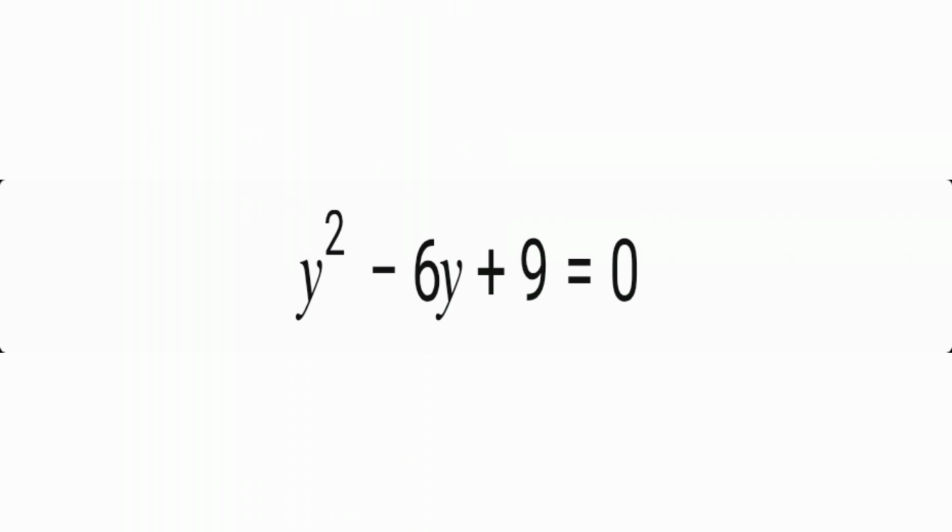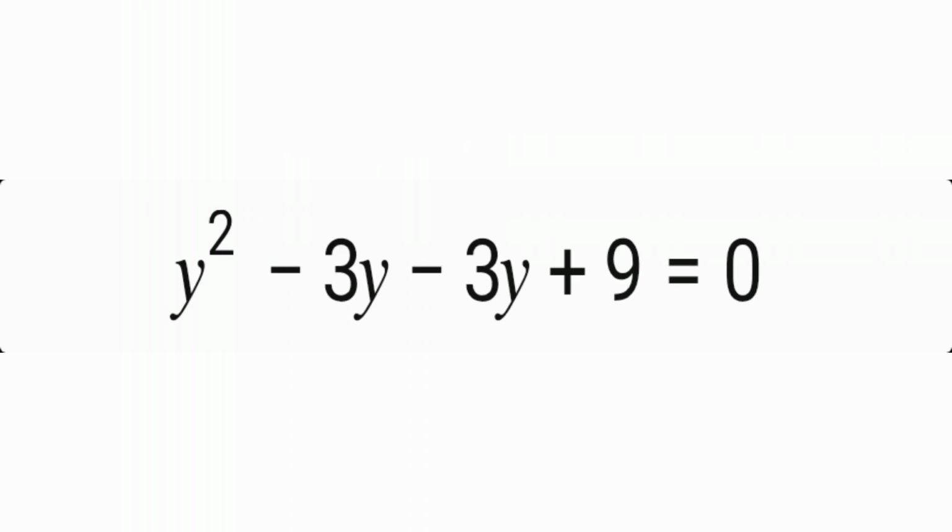So we are going to solve the value of y by factorizing, by considering that our product here is 9, and the two numbers which when you multiply you obtain 9 are negative 3 and negative 3. So we substitute the 6y with negative 3y and negative 3y.